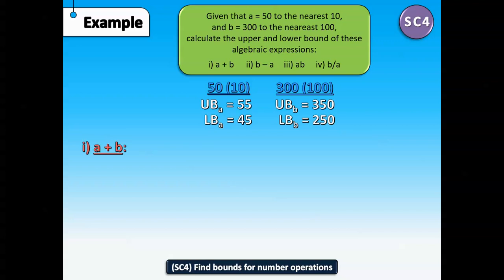Find the upper and lower bounds for a plus b. We do the upper bound plus the upper bound is 405.